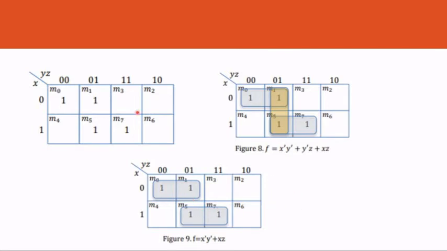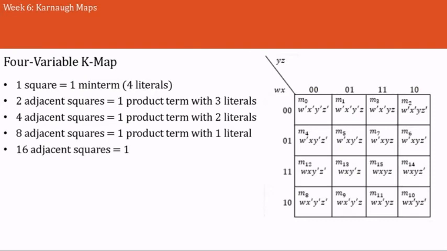There is no need to group M1. As for the 4-variable Kmap, the rules for simplifying a 4-variable Boolean function using Kmap are the same as the rules discussed in the 2 and 3-variable Kmaps. We simply need to watch out for the arrangement of minterms.